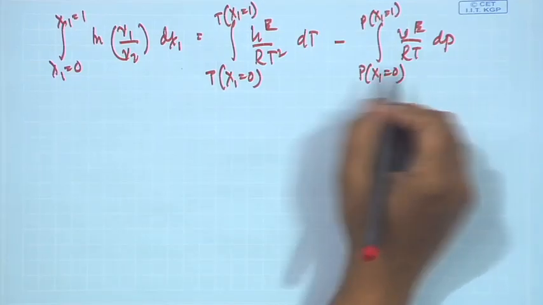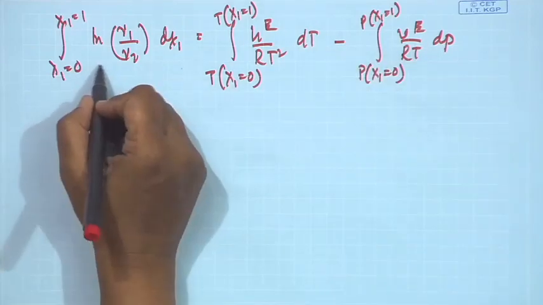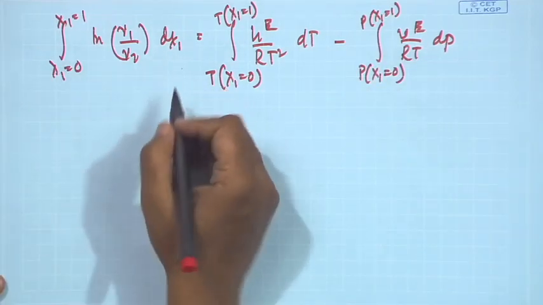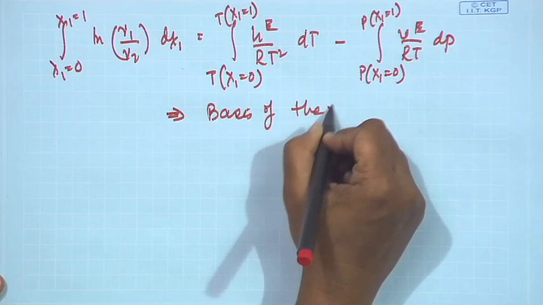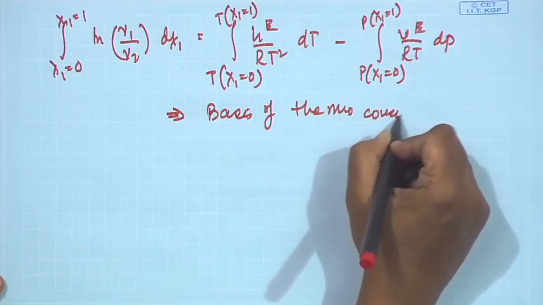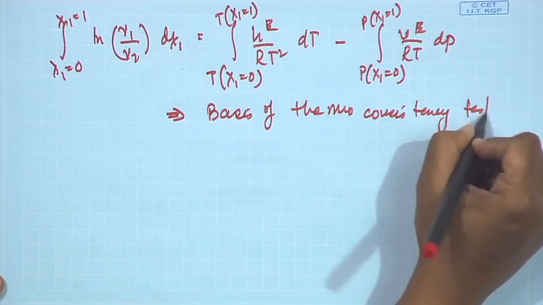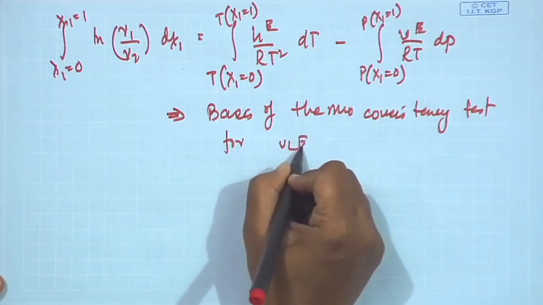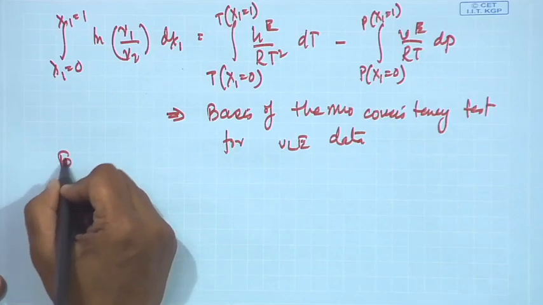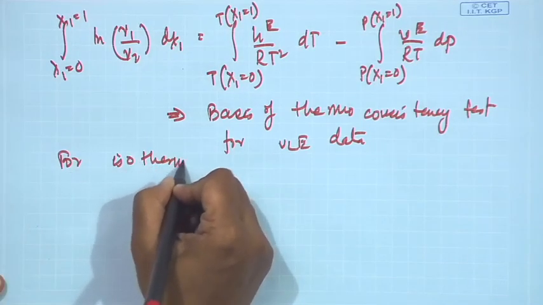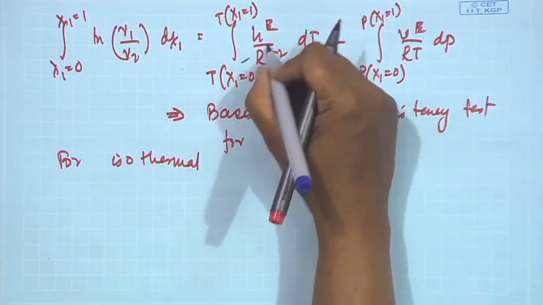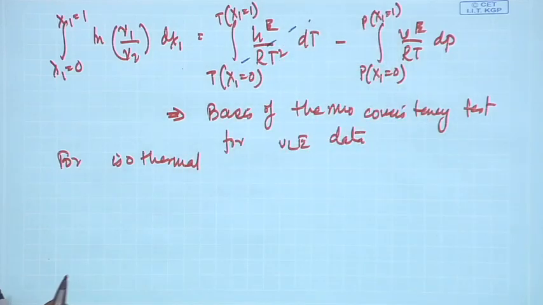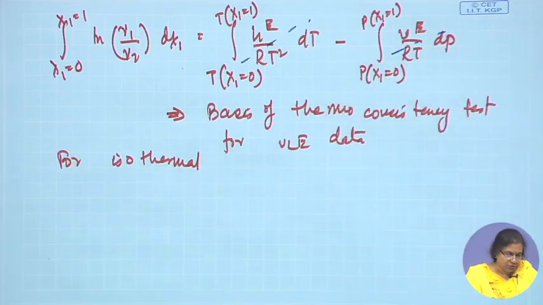At constant temperature and pressure, both these terms disappear, so we can take this to be equal to 0, but actually this forms the basis of the thermodynamic consistency test for VLE data. We know that for isothermal cases, the first term disappears, and for low pressure cases, the second term disappears.